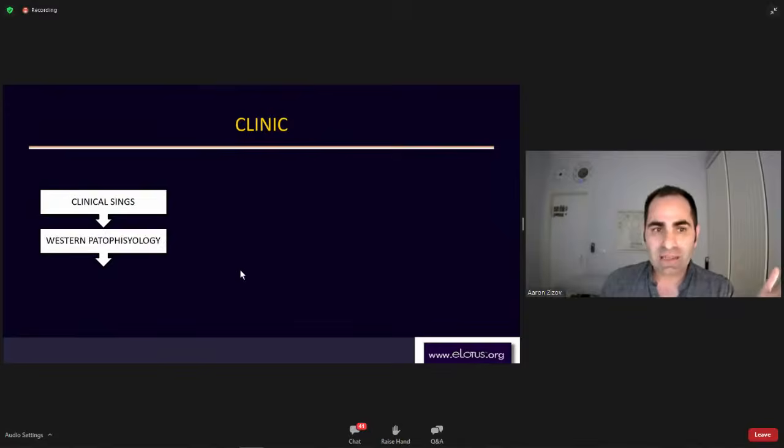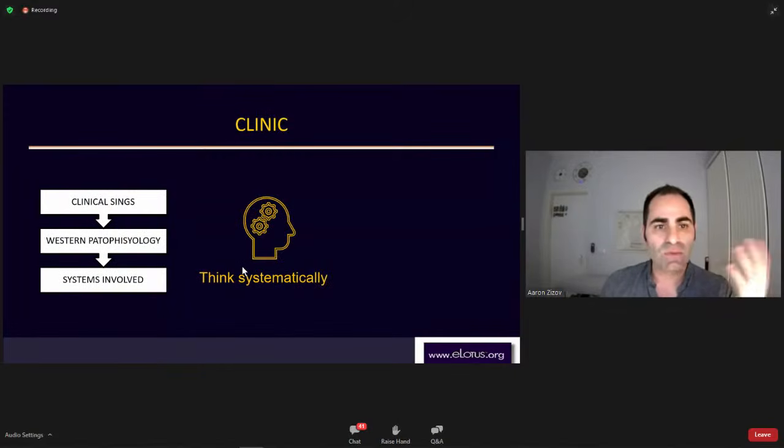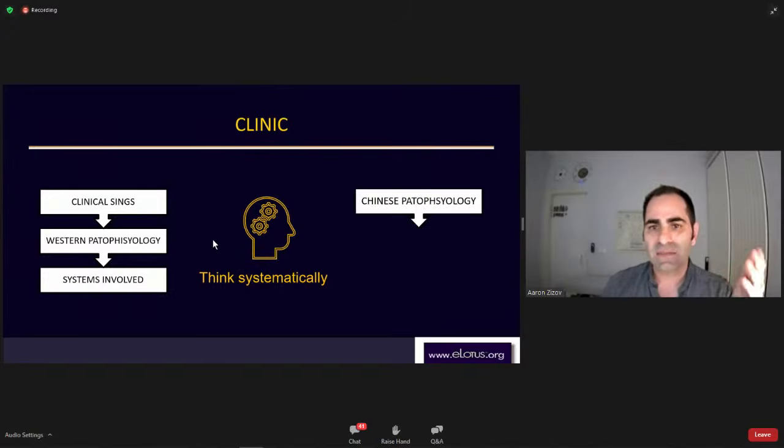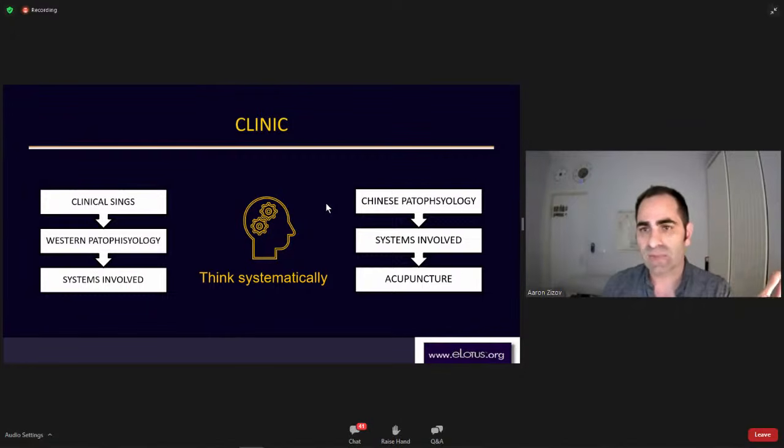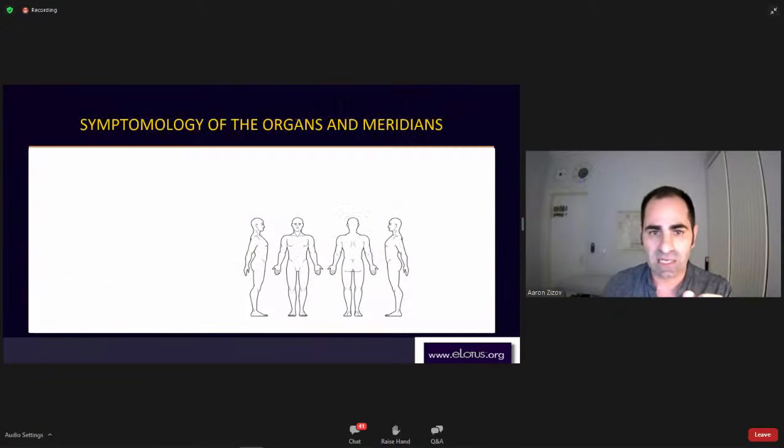So in the clinic, again, we see the clinical signs. We understand the Western pathophysiology. Sometimes the patient will come with a specific diagnosis and all the systems which are involved, and we need to think systematically and translate this information to Chinese pathophysiology, which means which systems are involved, and how we perform the acupuncture in those cases.